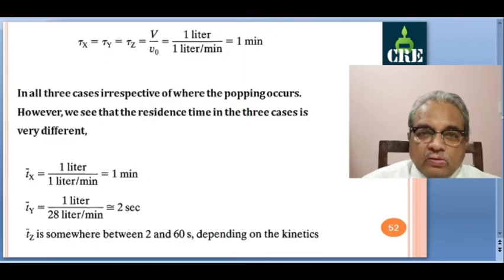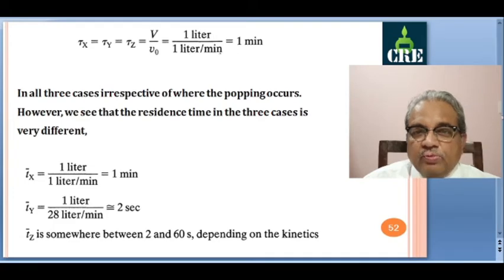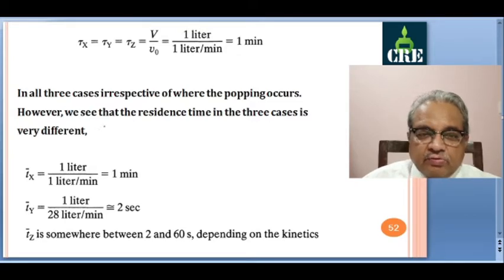So this tau, V by V0, is 1 by 1, it is 1 minute in all these three cases where the popping occurs. Apparently, 1 liter is the volume and V0 is 1 liter per minute, so it should be 1 minute, but it is not so. We see that the residence times in these cases are very different.